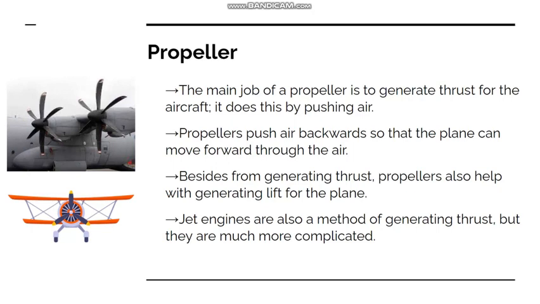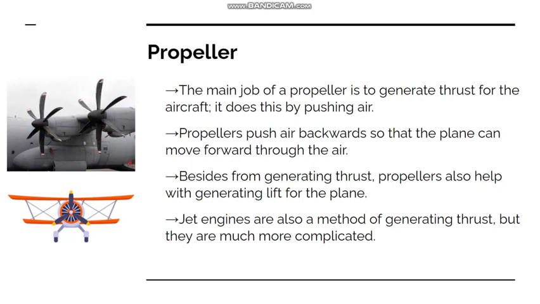But we'll go into more detail on this in later sessions. Another method of generating thrust besides propellers is a jet engine. Jet engines are much more complicated, and they are used for planes that need to go at extremely high speeds, like a fighter jet.